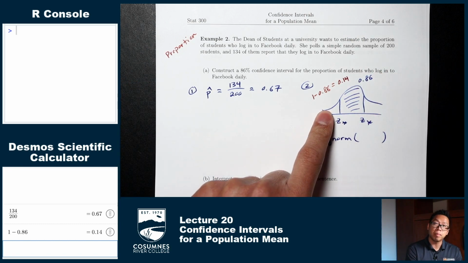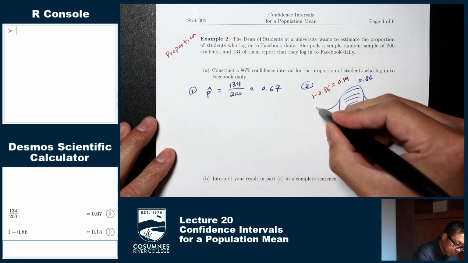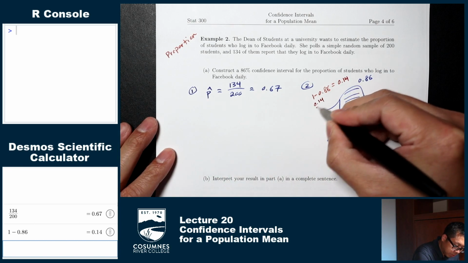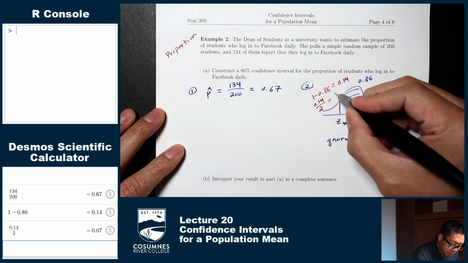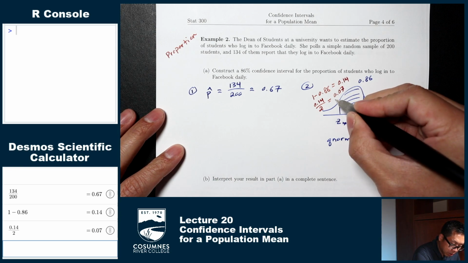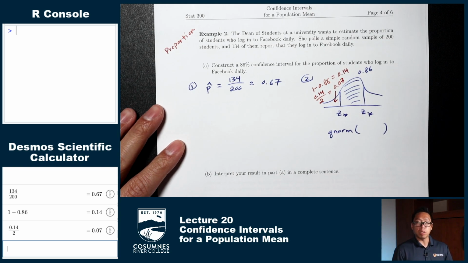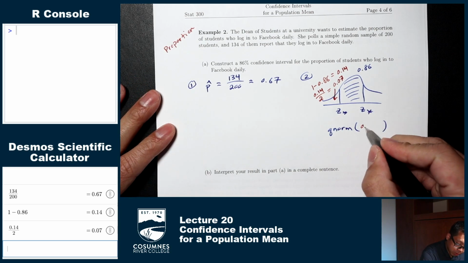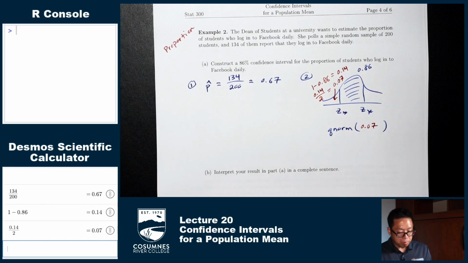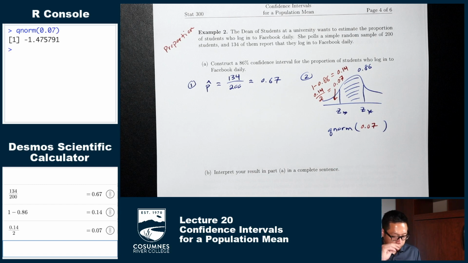That's the unshaded part, which is the left and the right together. I just want the left, so divided by 2. 0.14 divided by 2 is 0.07. That's the left unshaded part, which is what I need to plug into the qnorm. So in our qnorm, 0.07.